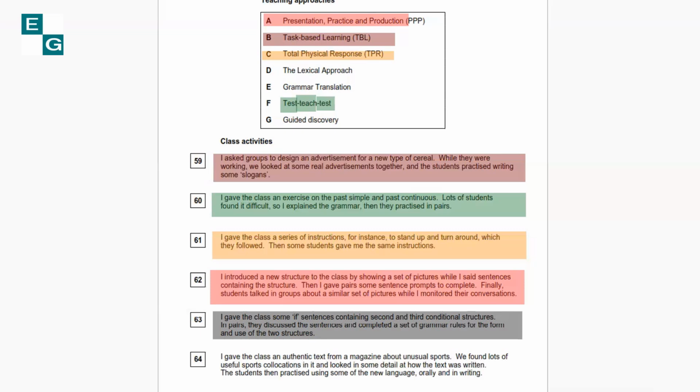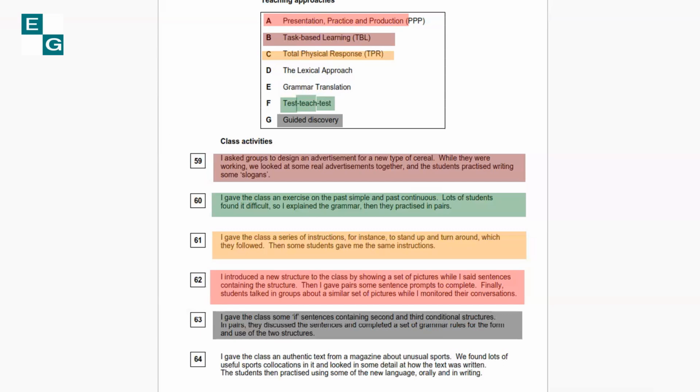So if you do this, you are going to be applying the guided discovery method, in which you tell them something they may not know well, then you go over this topic so they can in the end draw their own conclusions by what you have taught them, which is why option 63 is the guided discovery method.